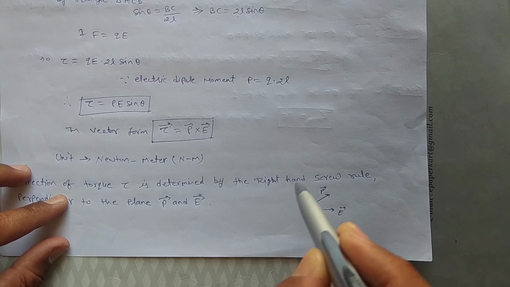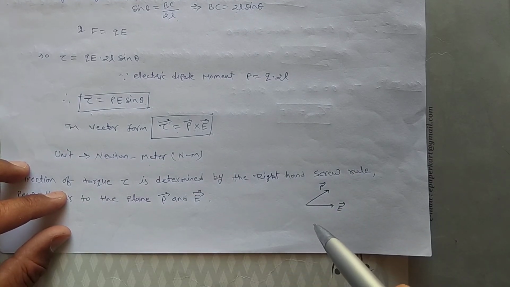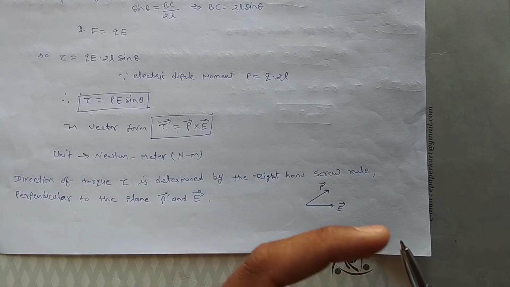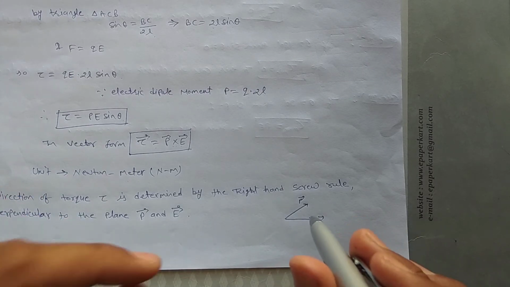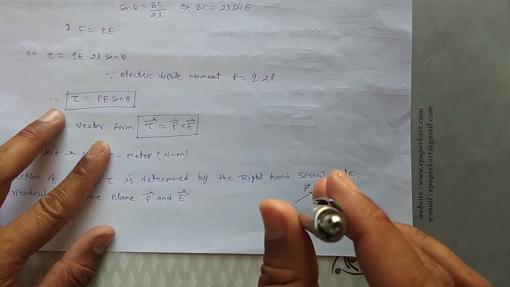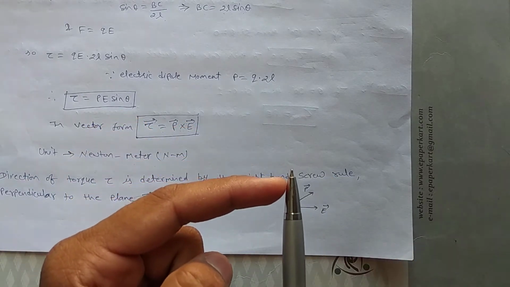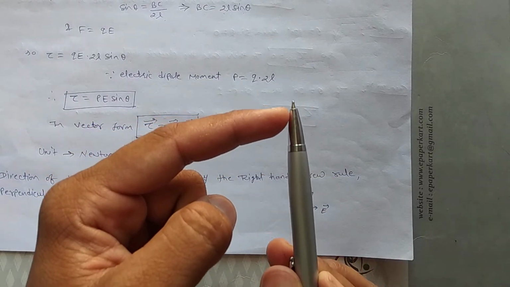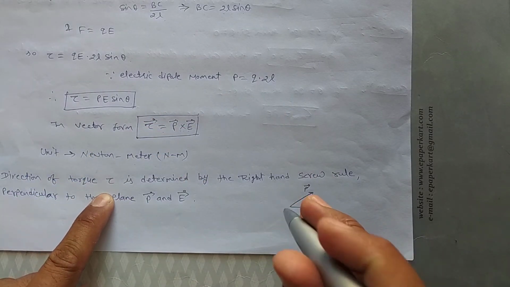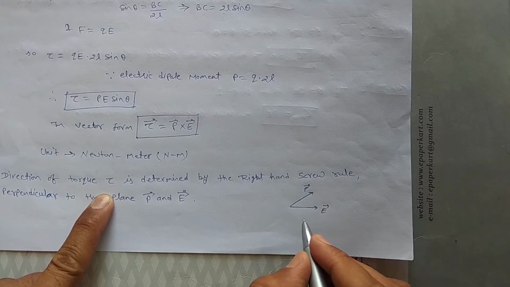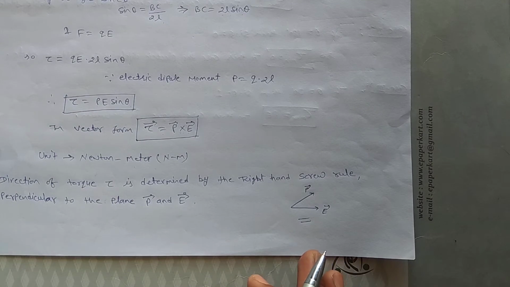Then the direction of motion of the tip of the screw shows the direction of torque tau. Suppose we rotate this screw like this, then the motion of the tip represents the direction of torque. Okay, it is the downward direction. Our chapter has been completed.